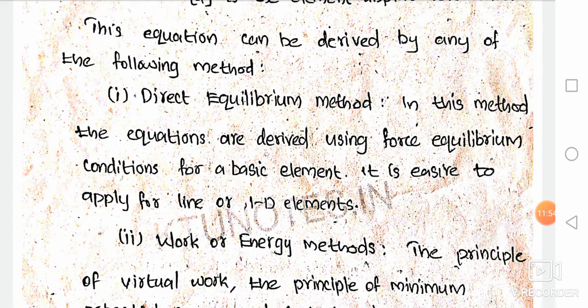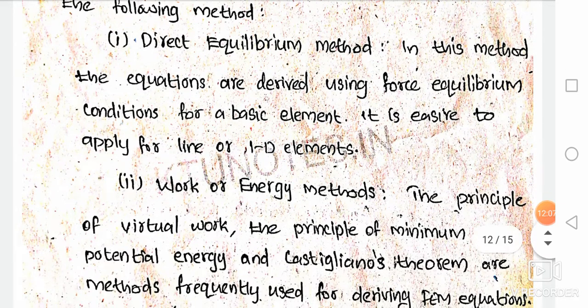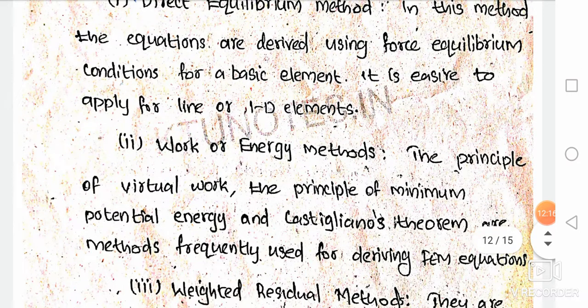In the first method, the direct equilibrium method, we take all the forces in equilibrium, that is sum of force equal to 0, then we get the element stiffness matrix. Second one is the work or energy method. In the previous semester, in the advanced mechanics of solids subject, we studied the minimum potential energy theorem and Castigliano theorem.